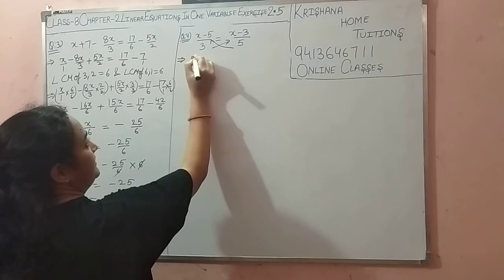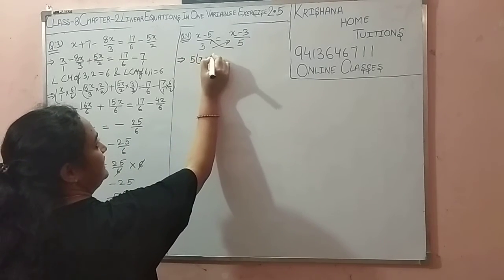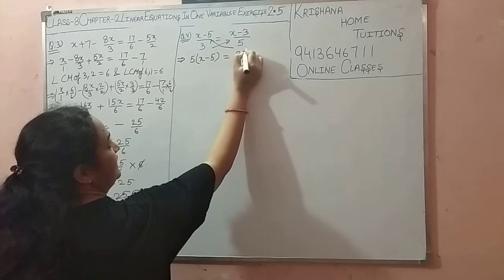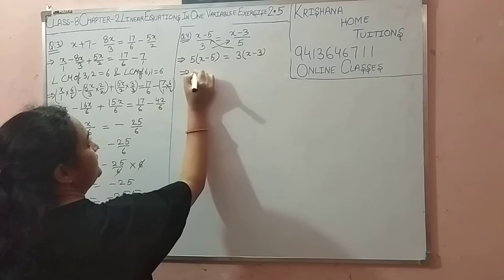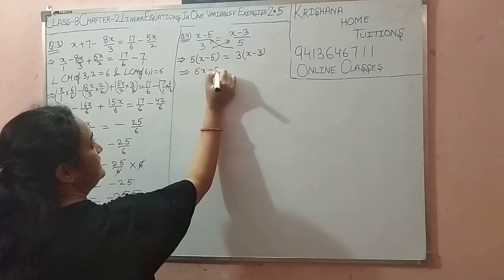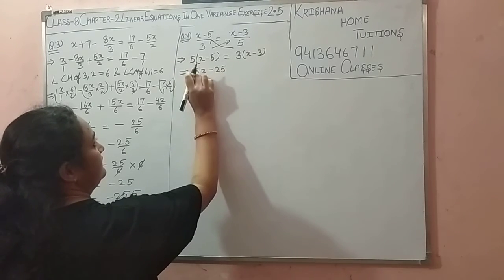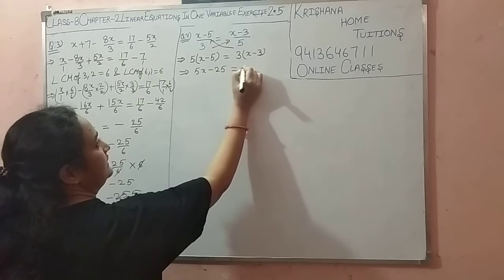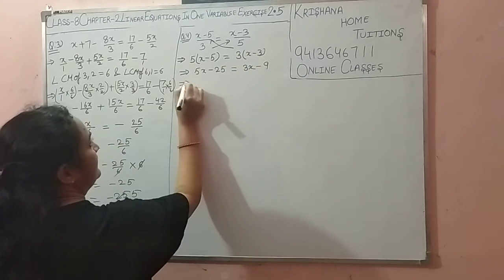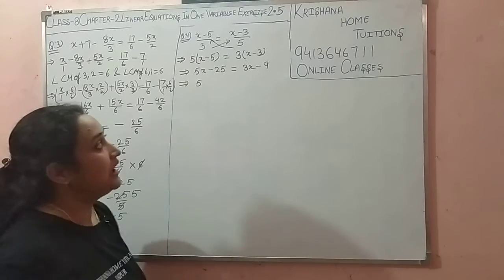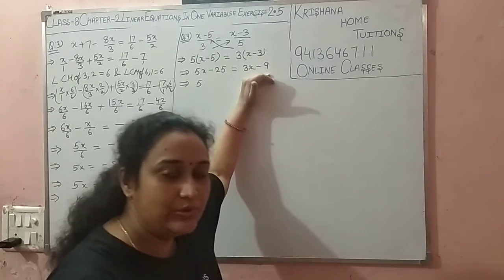So 5 will multiply with x minus 5 and 3 will multiply with x minus 3. So it is equals to 5x minus 25 and 3x minus 9. Now here is the reduced equation.